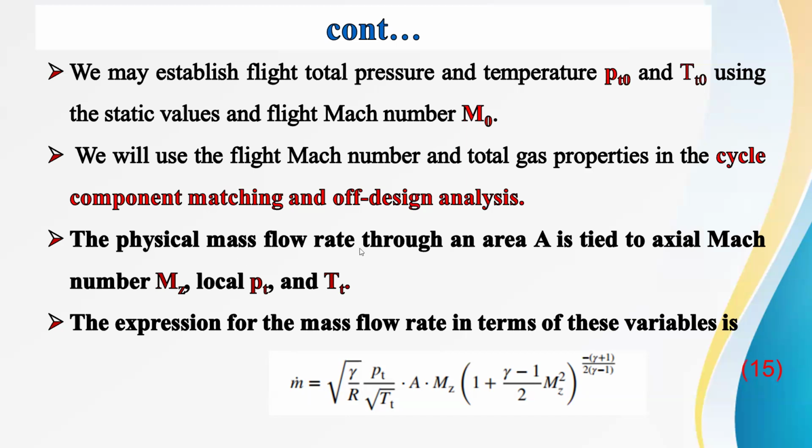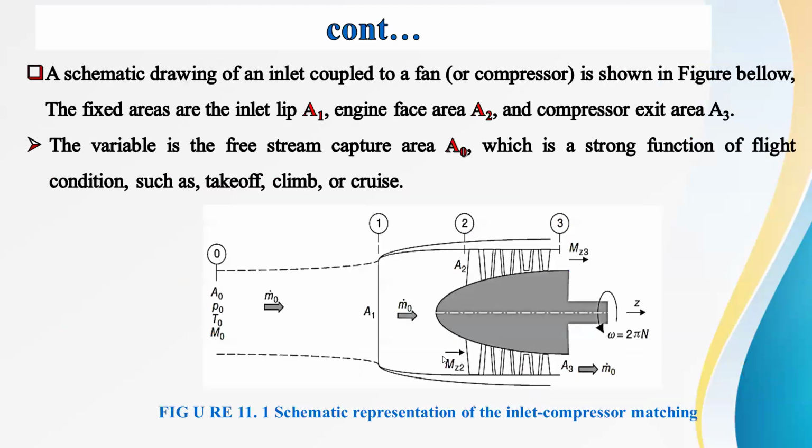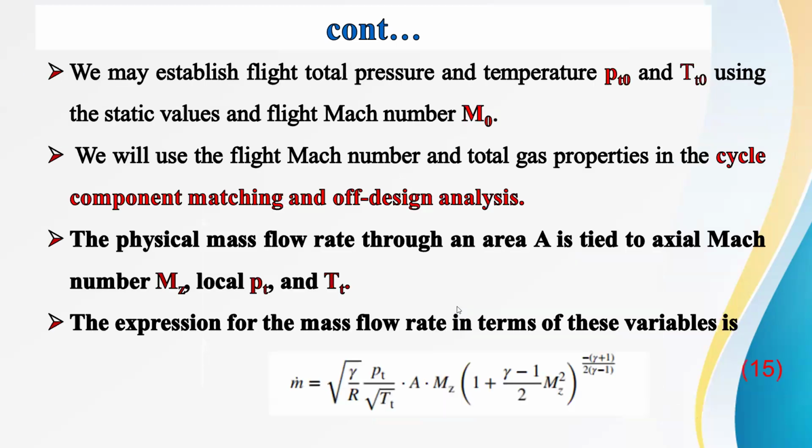Therefore, the physical flow rate through an area A is connected to the actual Mach number, M2, M3. This actual Mach number is different from M naught. The local pressure and temperature are PT and TT.